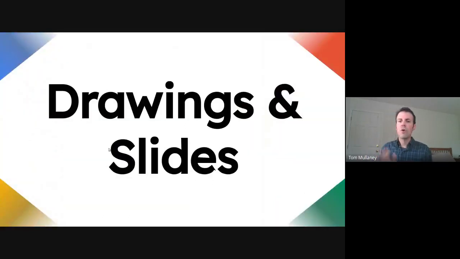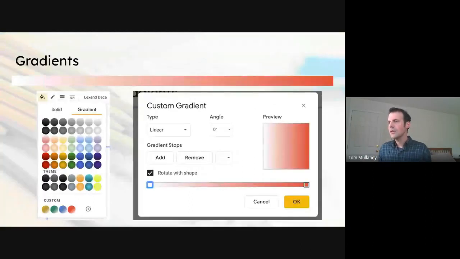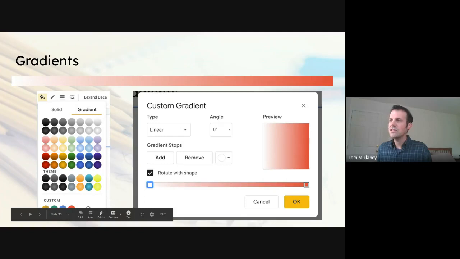All right, let's talk drawings and slides, and then I'll get more specific. So drawings and slides are kind of similar, aren't they? So yes, you can use gradients. You absolutely can use gradients. I use them in this session. I think gradients for little elements and design flair, all good. My little pro tip for that is, when you use a gradient, and I didn't do it here, I should have for this one, use transparent as one of the color stops.